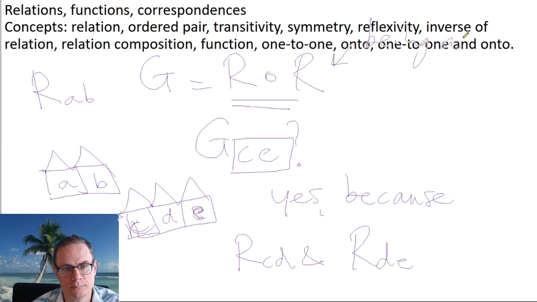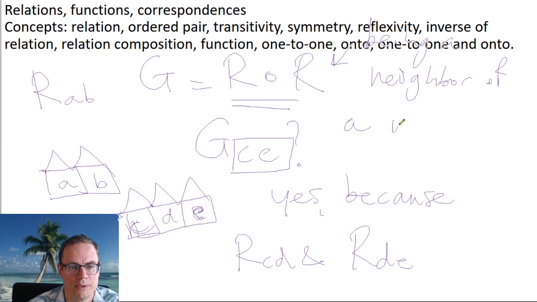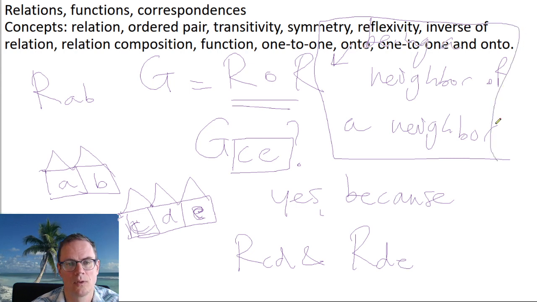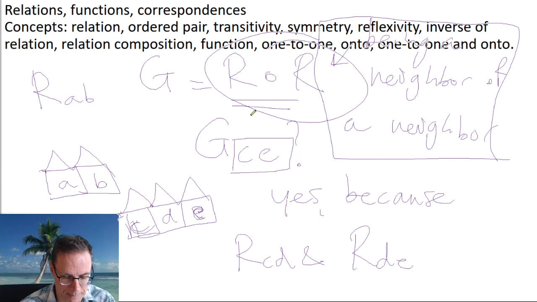Being a neighbor of a neighbor. Now we just talked about whether being a neighbor is reflexive, and the answer is no. But maybe this is reflexive, because you are a neighbor of your neighbor, because being a neighbor is symmetric. Okay, so think about that.